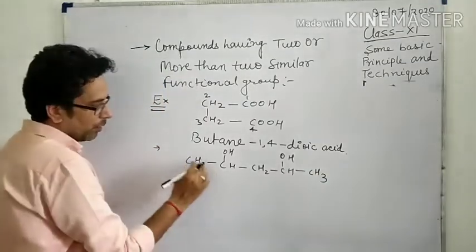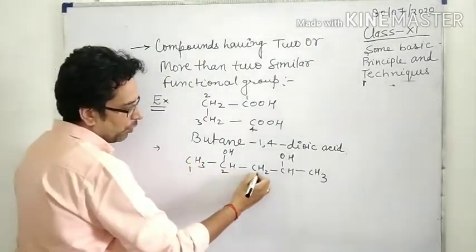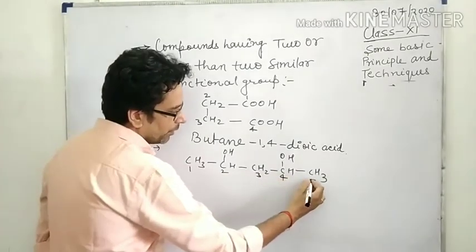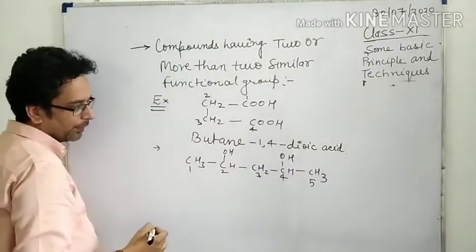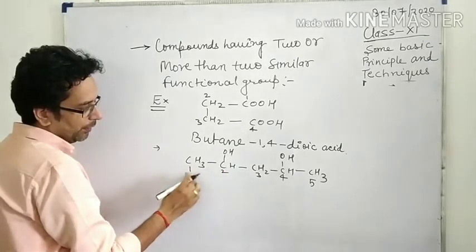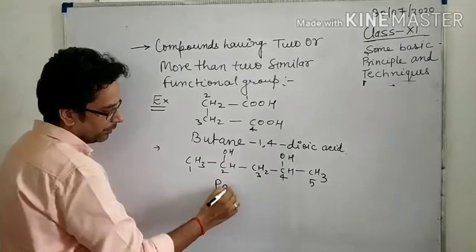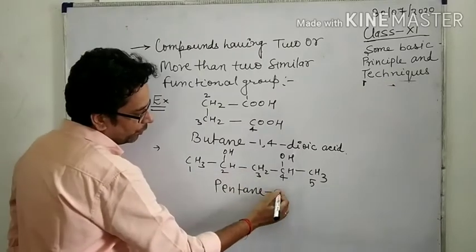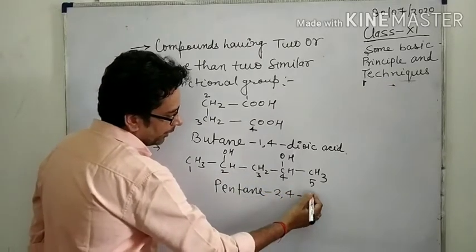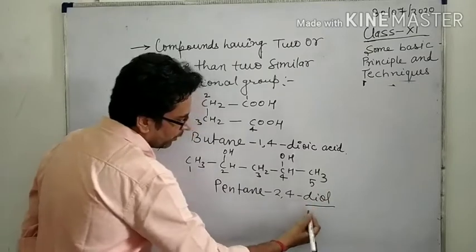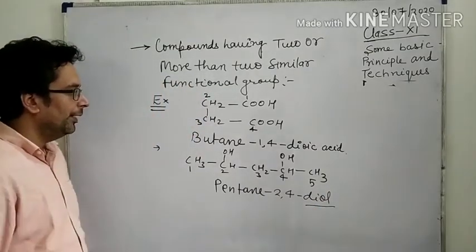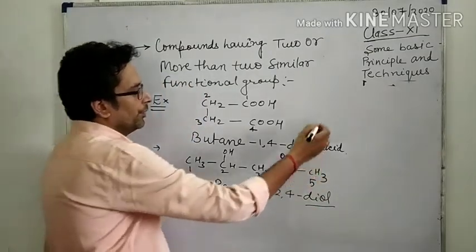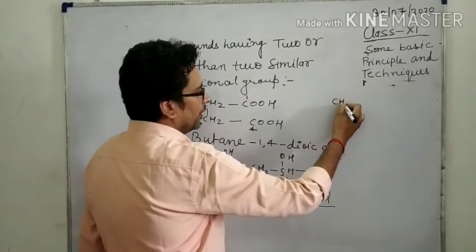Give the numbers 1, 2, 3, 4, 5. Now look here, 5 is pentane, 2 and 4, 2, 4 diol. Okay, diol.